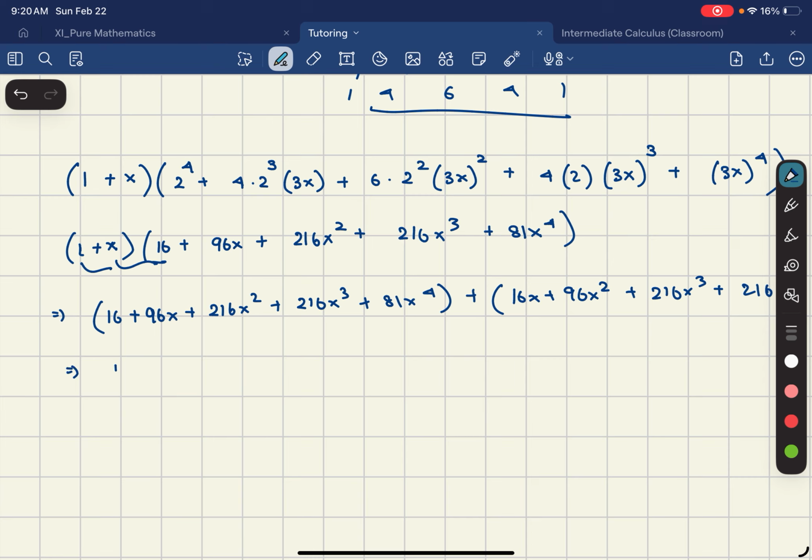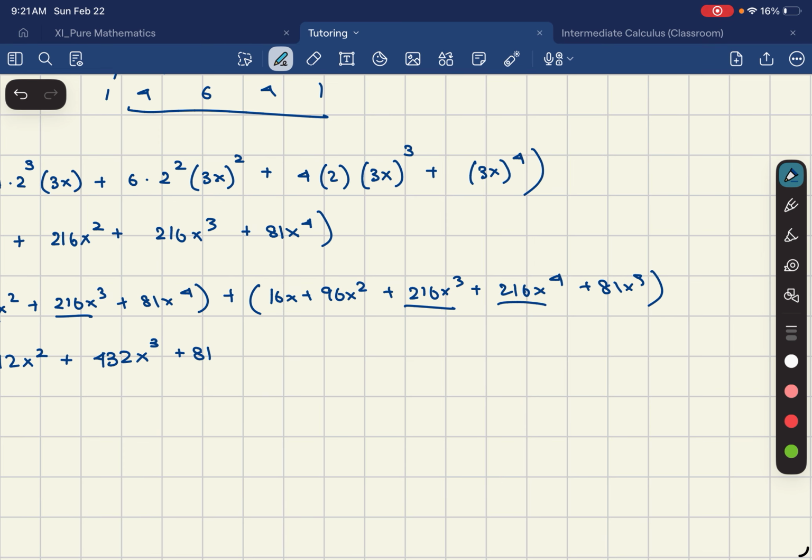And finally, I get 16 plus 96 plus 16 is 112, plus 216 plus 216. So this is the x squared, sorry, 216 plus 96 is 312 x squared plus 216 plus 216 is 432 x cubed plus 81 plus 216 is 297 x to the power 4.